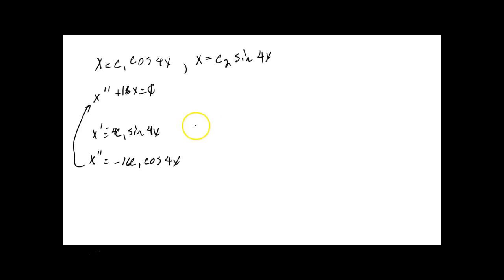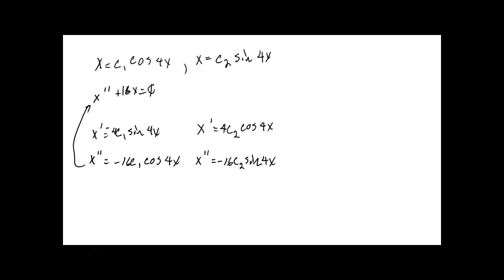Do the same thing over here. x prime is equal to c2 cosine 4x, the derivative of sine is cosine, and by the chain rule you get a 4. Your x double prime is equal to c2 still there, the derivative of cosine is minus sine 4x, and then the chain rule gives you a 4. 4 times the 4 you already had is 16.